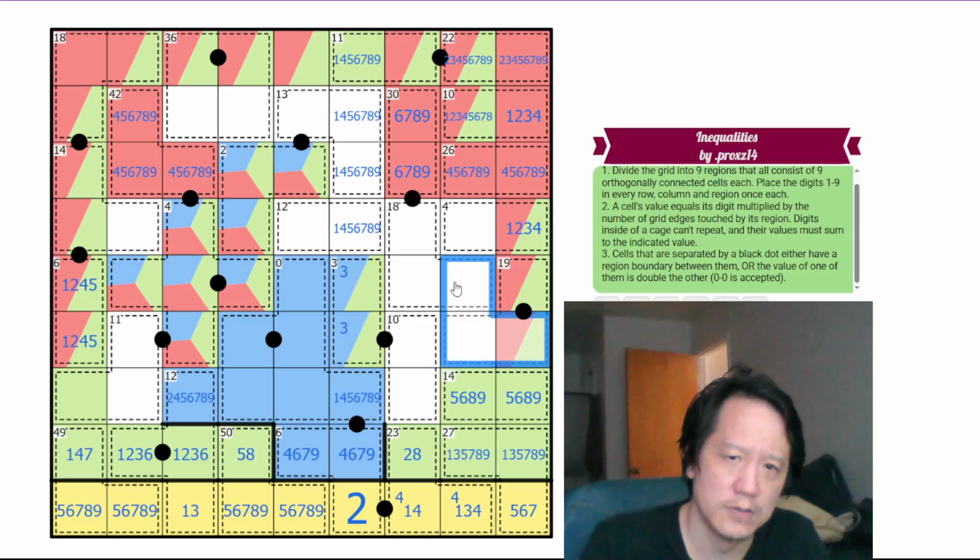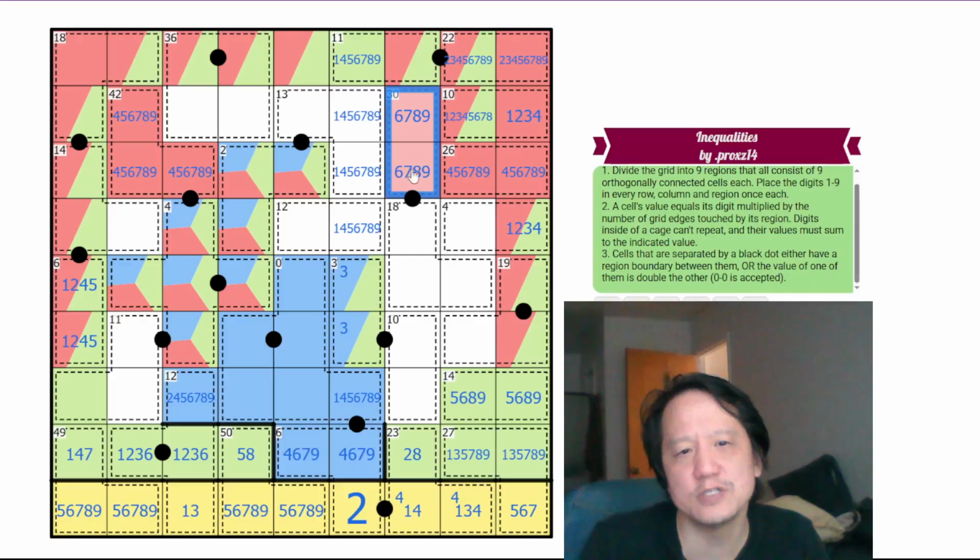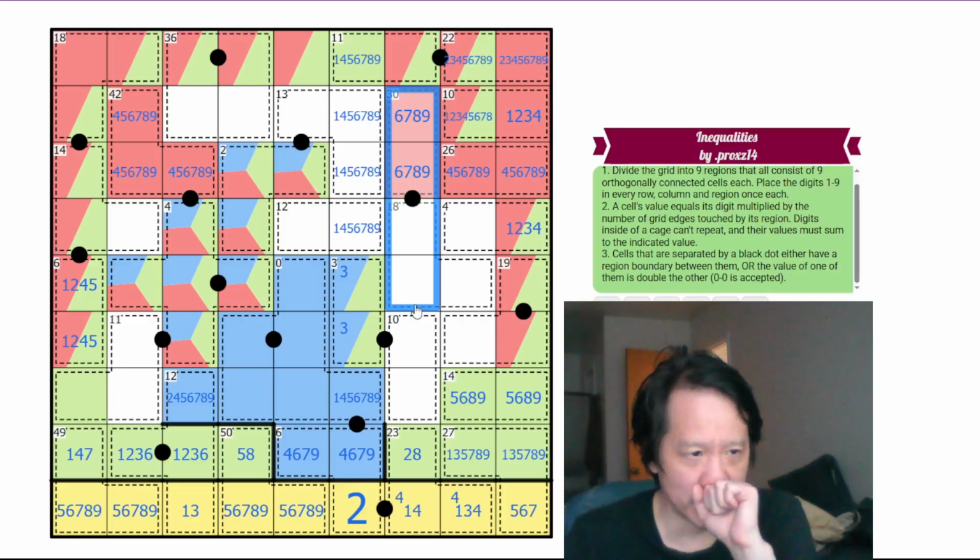Can we have two regions here which are touching both edges? This has... So this is saying this is part of a different region. I think the answer is no.